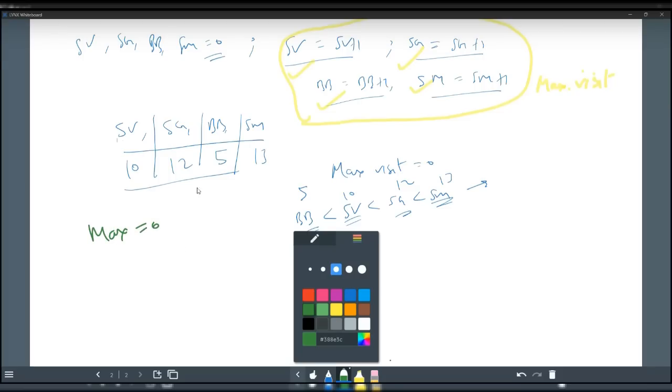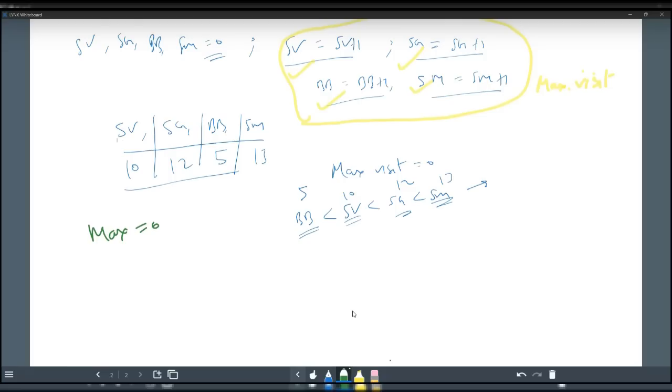Max is 0 by default. As we compared them to one another, we found that max holds the value 13, and it is the count of Student Mall.